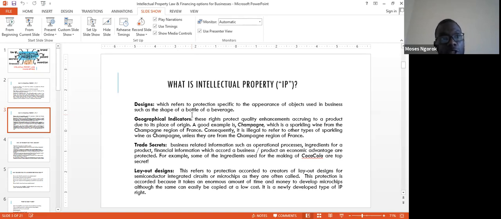That kind of protection is also offered even under Ugandan law. The other type of intellectual property we need to consider is what we call geographical indicators. Geographical indicators are basically words that show the origin of a product.